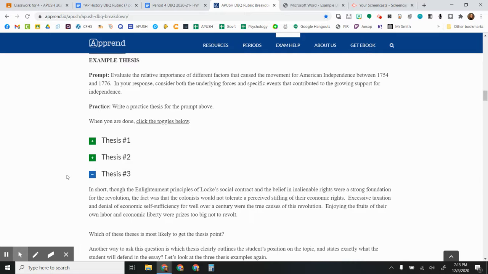In short, though the Enlightenment principles of John Locke's social contract and the belief in inalienable rights were a strong foundation for the revolution, the fact was that the colonists would not tolerate a perceived stifling of their economic rights. So they have addressed both parts of the forces and events.